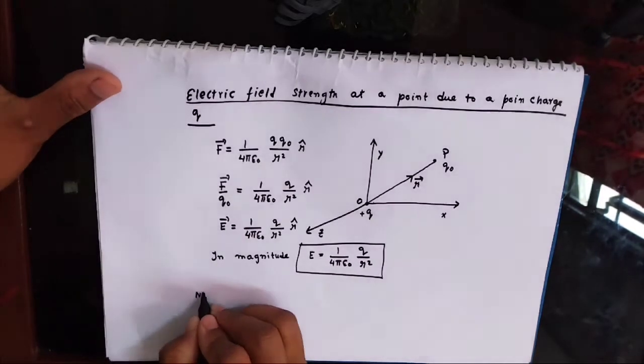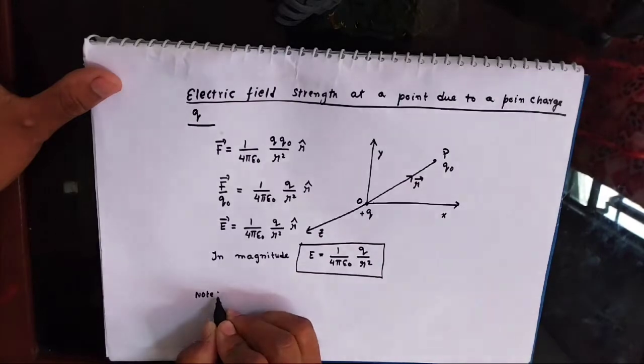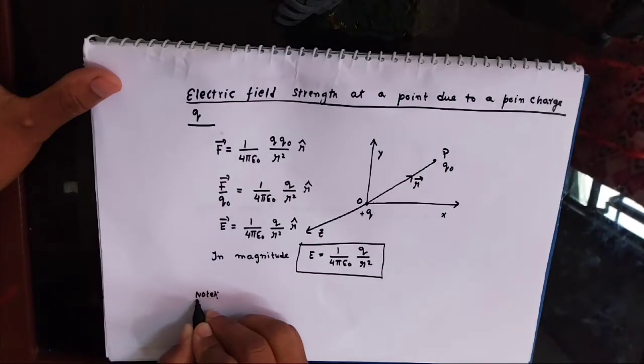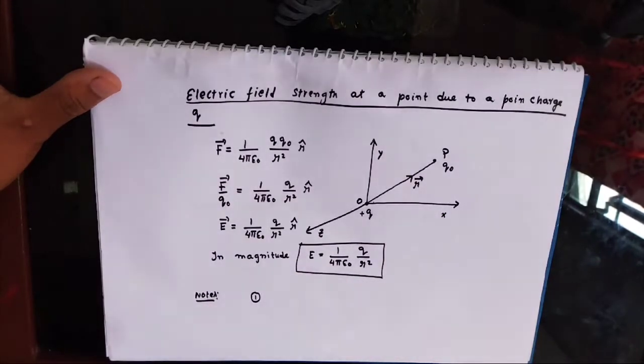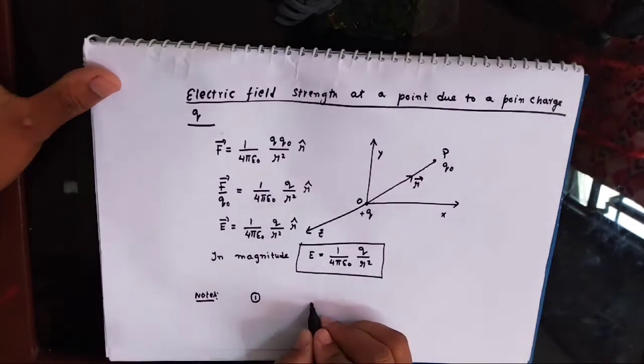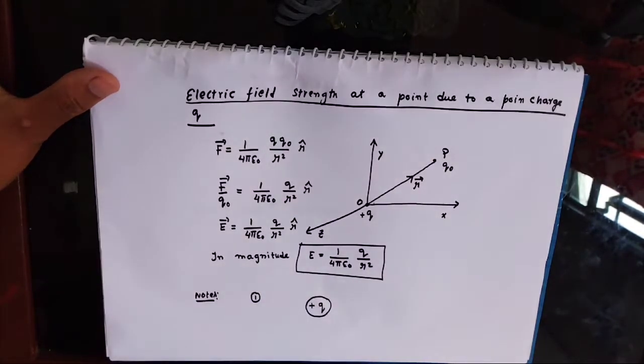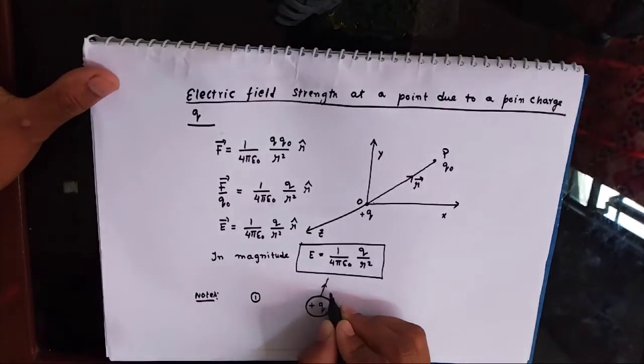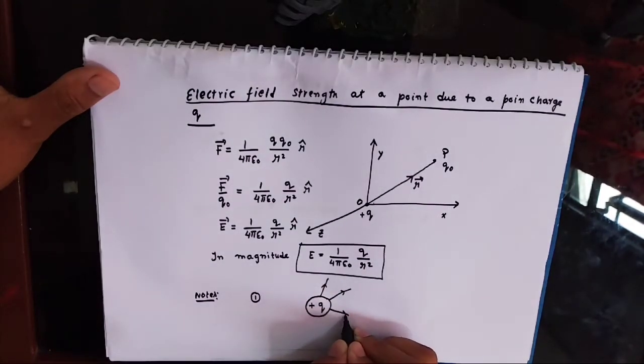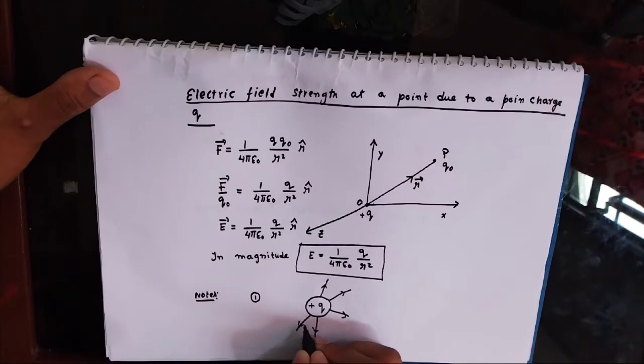One thing should be noted: if we have a charge plus Q, the electric field lines of force are radially outward.